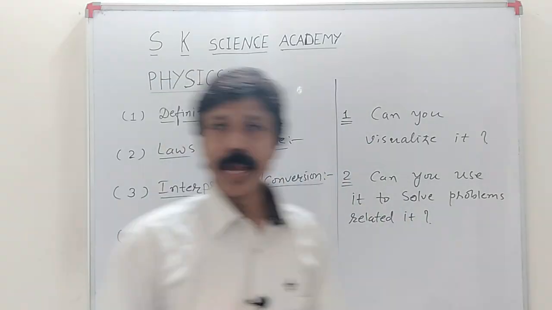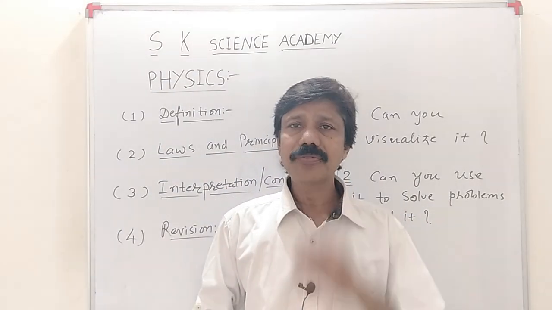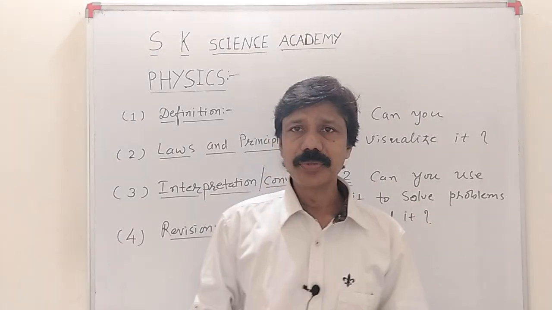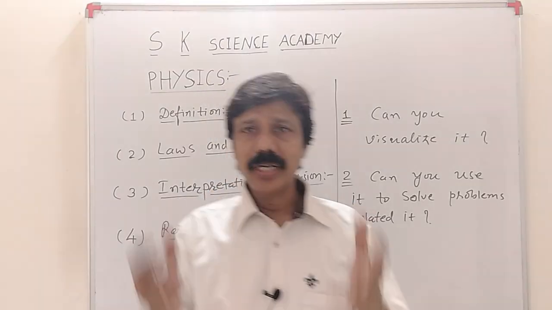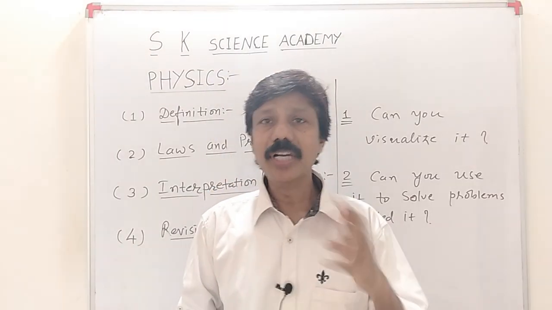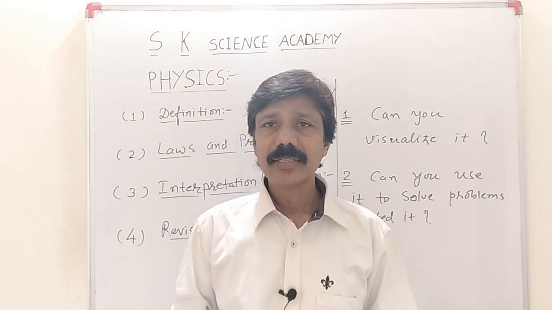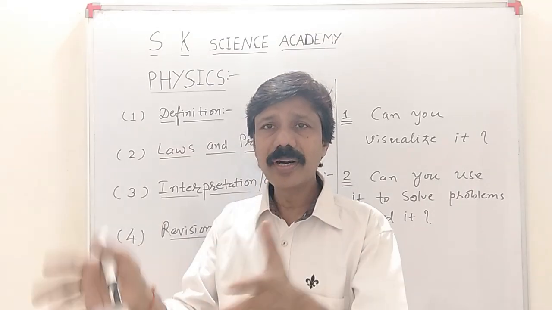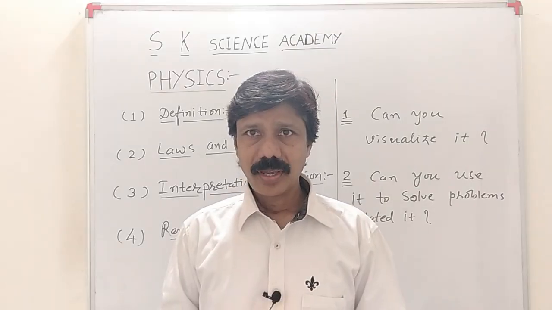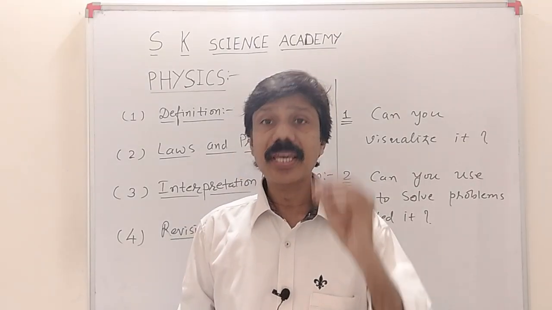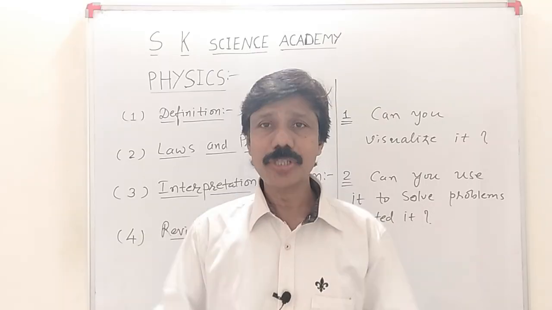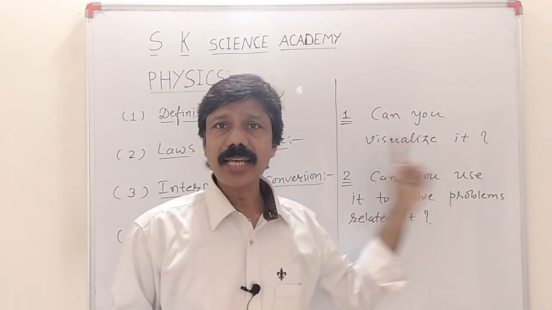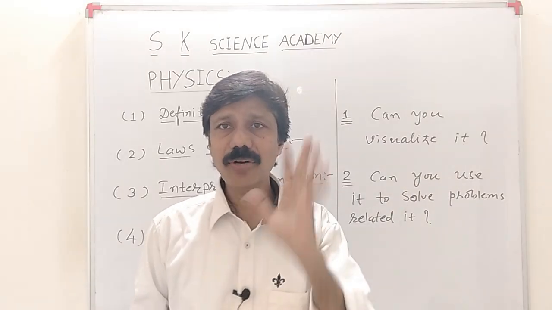So these are the 2 steps. Now let's understand the meaning of visualization. Suppose some definition is given to you, you read it and understand it, then you must have a clear picture in your brain which exactly describes the wordings given in the definition. Or you must have a practical example, a demonstration in your day-to-day life which will exactly describe the definition. That's the meaning of visualization.